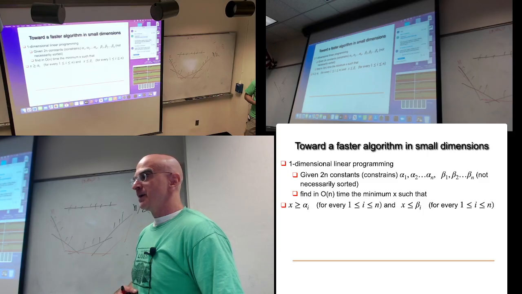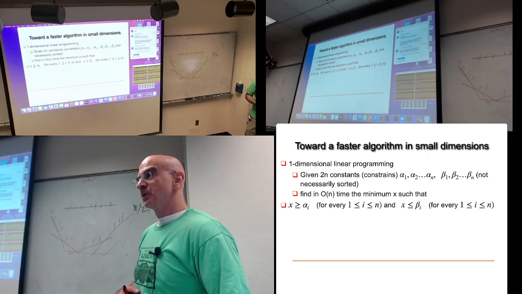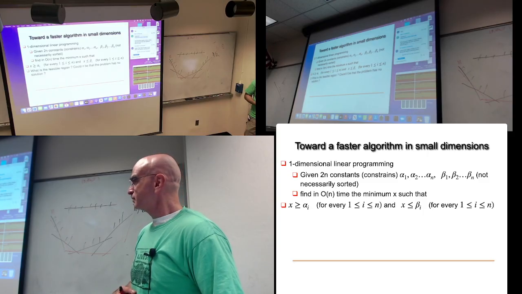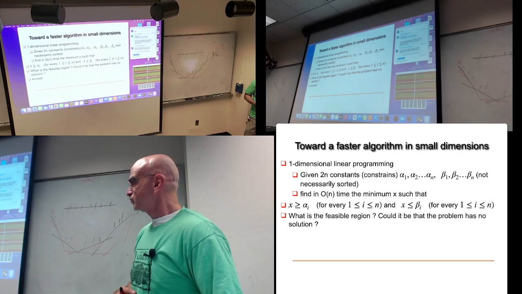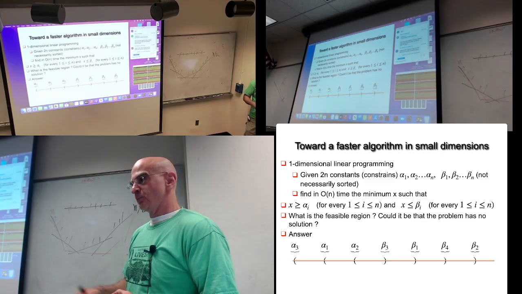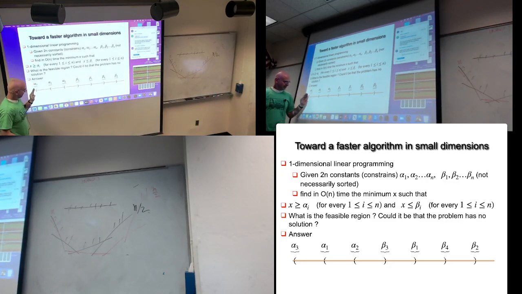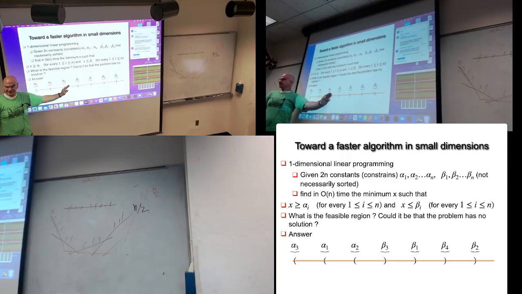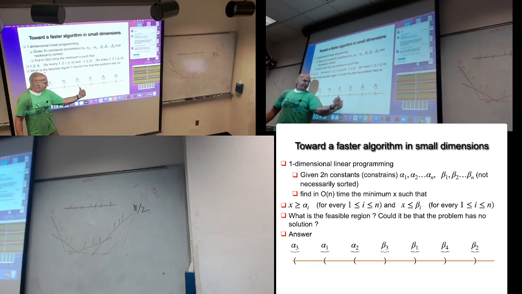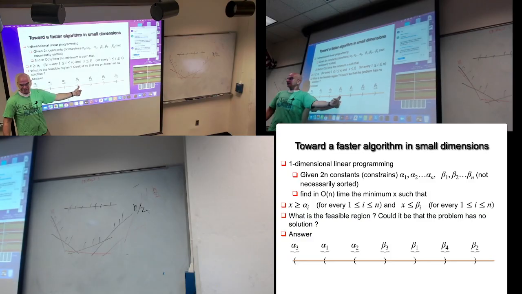Actually, only one alpha i really matters. So that's exactly what you meant. I look at all the alpha i's. I can sort them, but essentially all I care for is the largest alpha i, and from all the beta j's, I care for the smallest beta j.